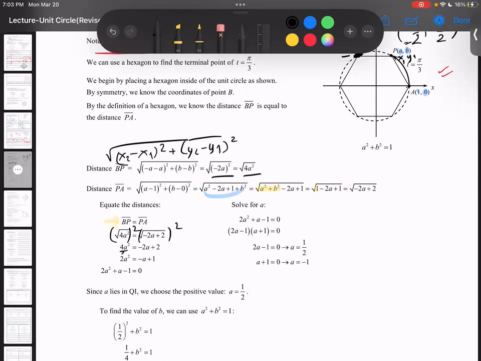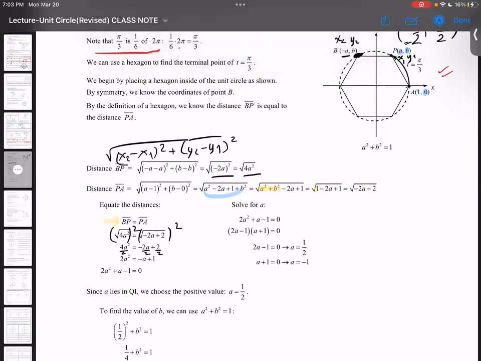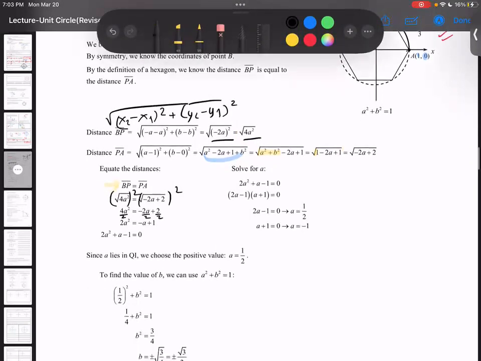Now move everything to the left because it's quadratic, and you want to solve for that. We end up factoring 2a minus 1, a plus 1. This implies either 2a minus 1 equals 0, or a equals 1/2, or a plus 1 equals 0, or a equals negative 1.